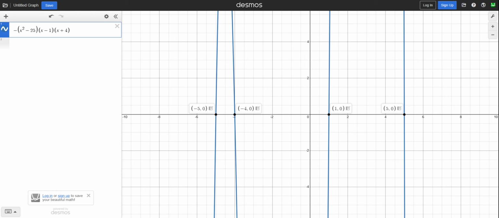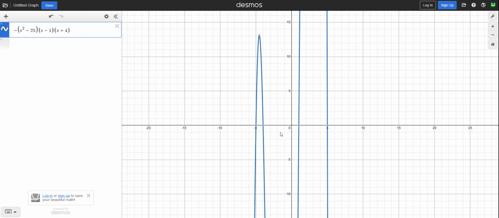Trying to get to the end quicker. That's not a 4, it's a 5. There we go. And now our y-intercept.